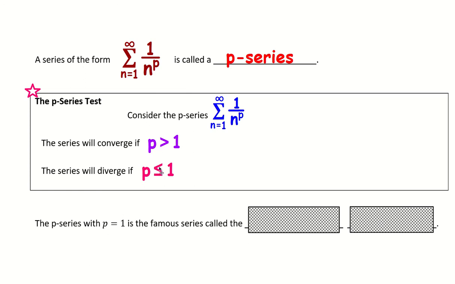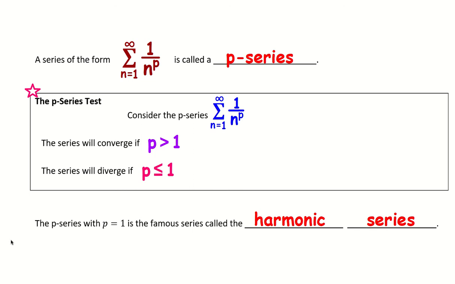And on that note, if your p-value is exactly 1, which means the sigma of 1 over n, that's a pretty famous series called the harmonic series. And believe it or not, it diverges.